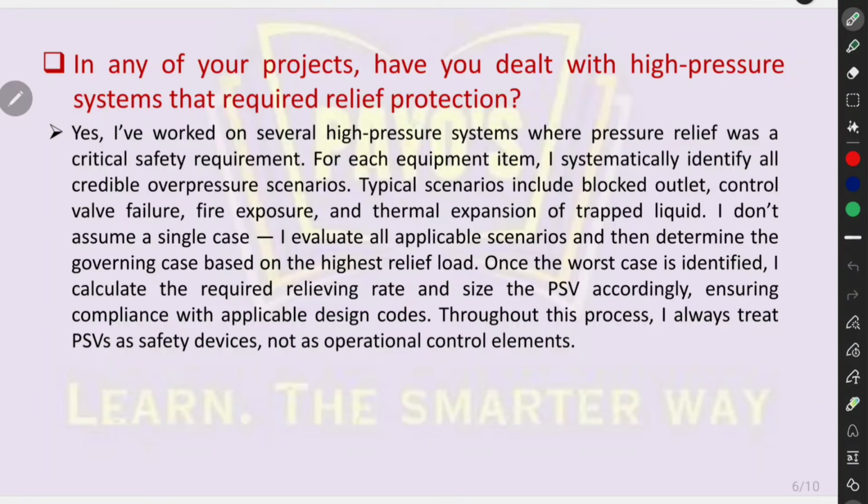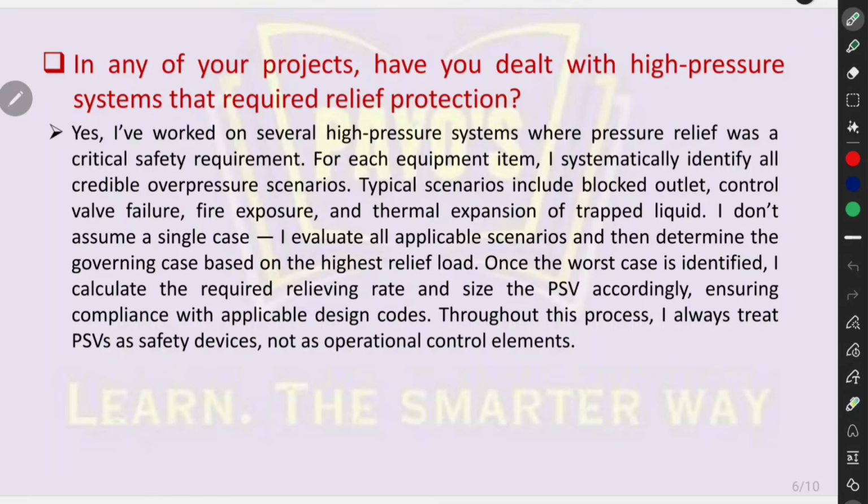Yes, I have worked on several high pressure systems where pressure relief was a critical safety requirement. For each equipment item, I systematically identify all credible overpressure scenarios. Typical scenarios include blocked outlet, control valve failure, fire exposure, and thermal expansion of trapped liquid. I don't assume a single case.